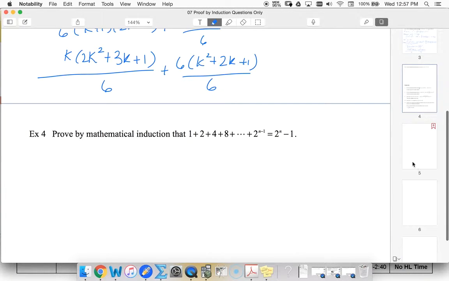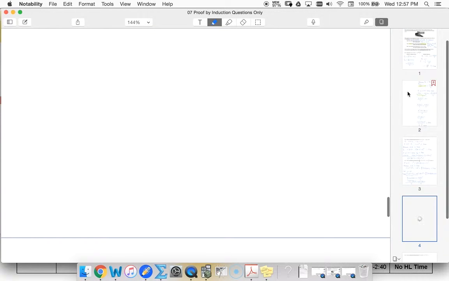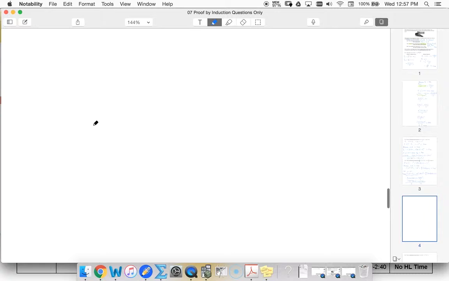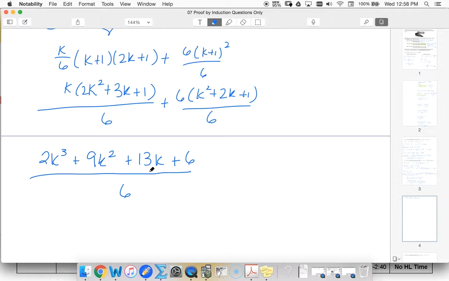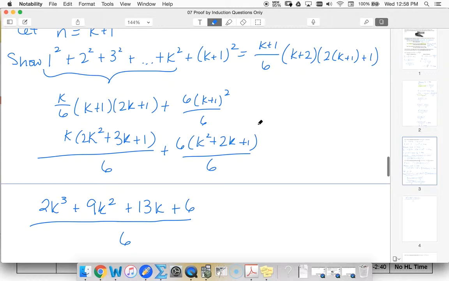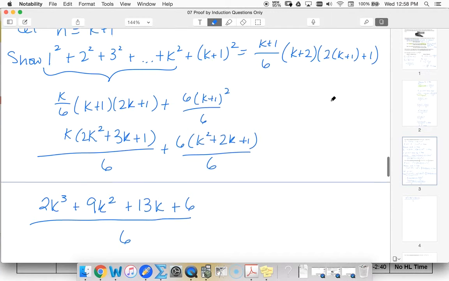So we have, simplifying, 2k cubed plus 3k squared plus 6k squared. So that's going to be 9k squared plus k plus 12k is 13k plus 6. That's all over 6. So I'm hoping to rearrange this so that it factors and gives me k plus 1 times k plus 2 times 2k plus 3.